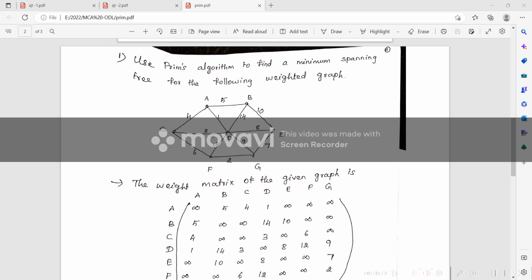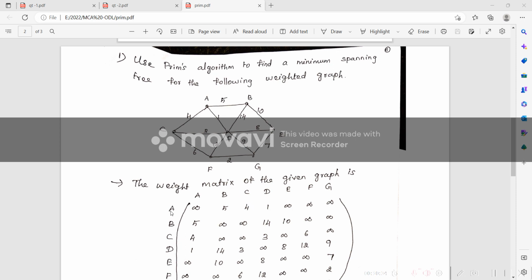So we know for a non-existing edge, the weight is assumed as infinite. And then between A to B, one edge is existing and the weight is 5. So that one is taken as 5. And then A to C, yes, one edge is existing whose weight is 4.